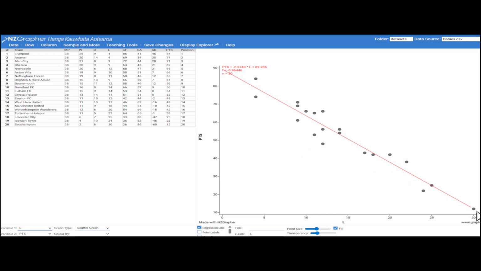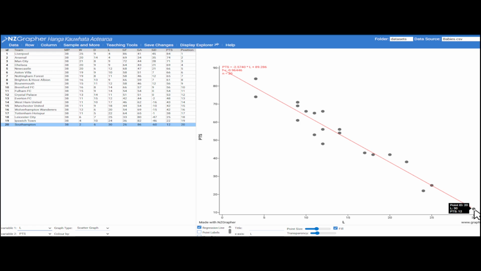So this team down here would be Southampton, wouldn't it? Southampton lost 30 games. Wow. That would be awful being in that position. So Southampton lost 30 games and they only got 12 points. I think they were pretty close for the least number of points ever in the Premier League.